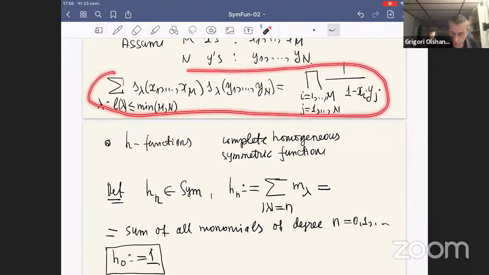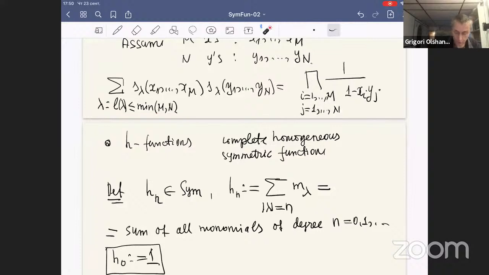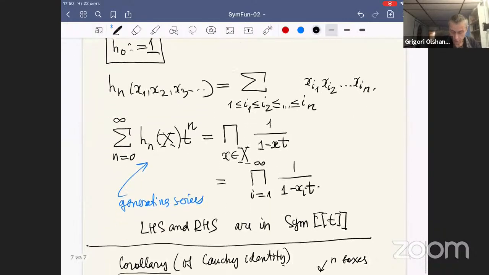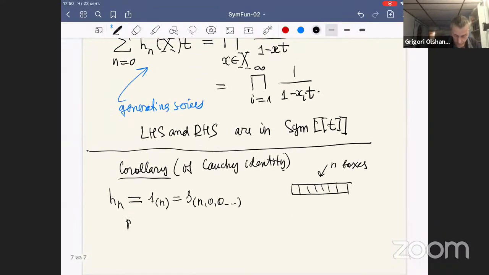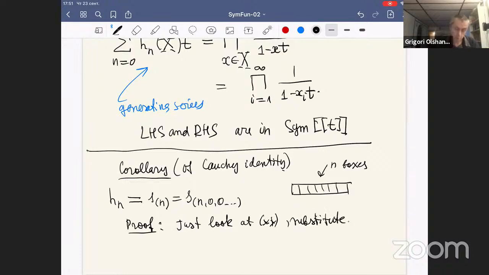Okay. So maybe I have to denote it by two stars. Proof. Just look at this formula. Substitute m arbitrary, but n equal to 1.